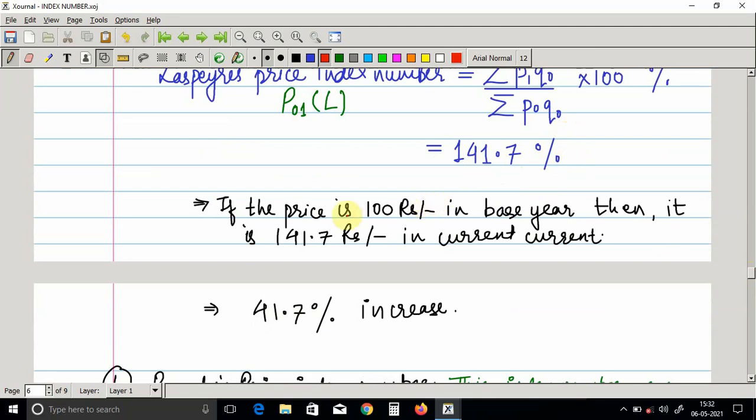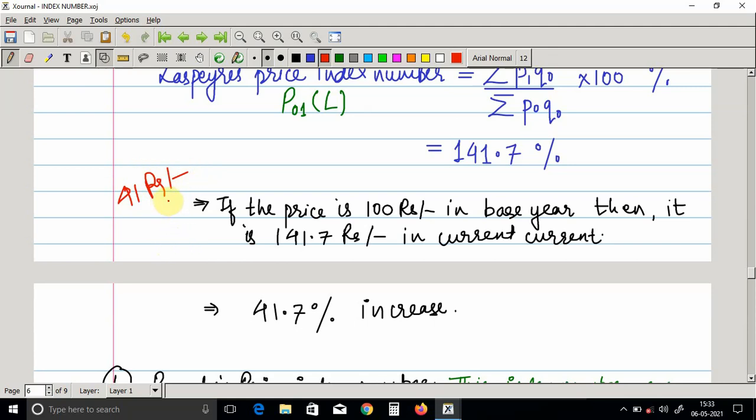How to interpret this? If the price is 100 rupees in the base year, then it is 141 rupees in the current year. So you have to pay 41 rupees extra in the current year to purchase the same quantity of goods that you had purchased in the previous year, in the base year.